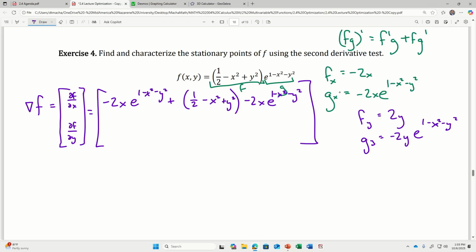And that's going to be 2y e to the 1 minus x squared minus y squared plus 1/2 minus x squared plus y squared times negative 2y e to the power 1 minus x squared minus y squared. Okay. And I want to set this equal to the 0 vector, now that I've found the gradient.